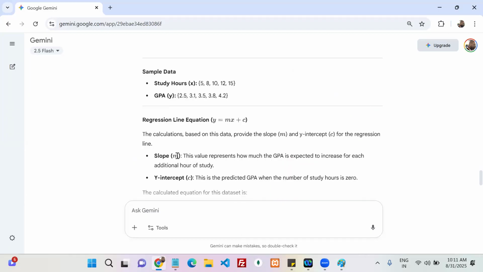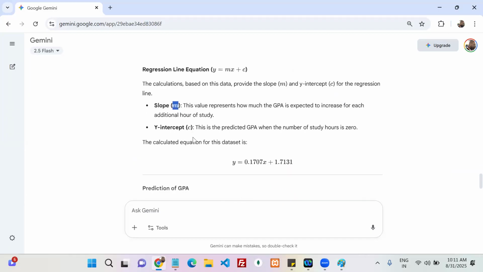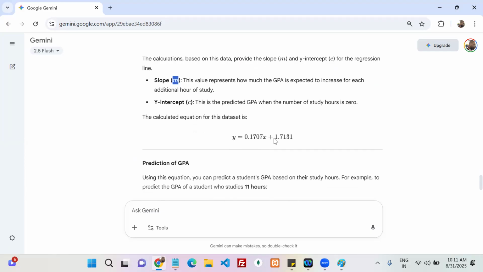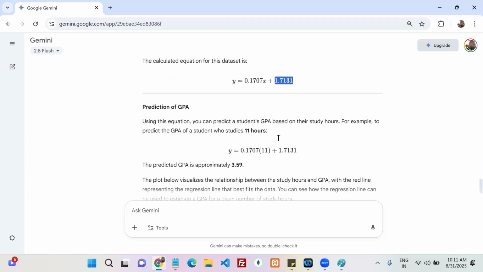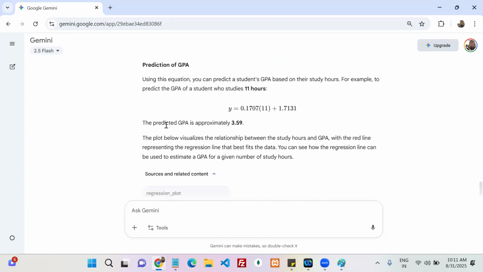M is my slope, and my intercept is this one. Now mx plus c. The predicted GPA for 11 hours is approximately 3.59 using this formula. If you give an input of 11 hours, the GPA is 3.59.